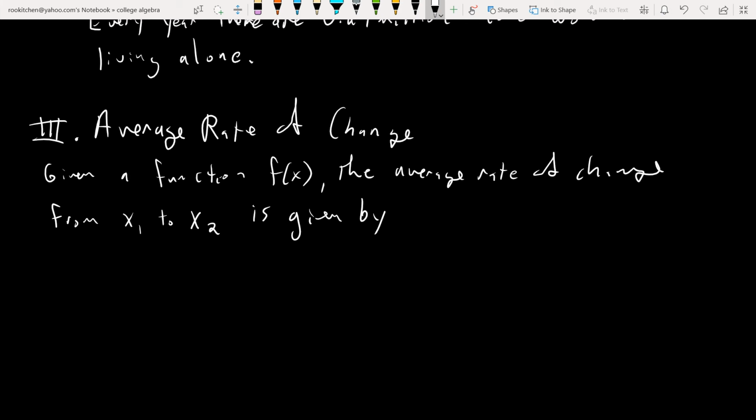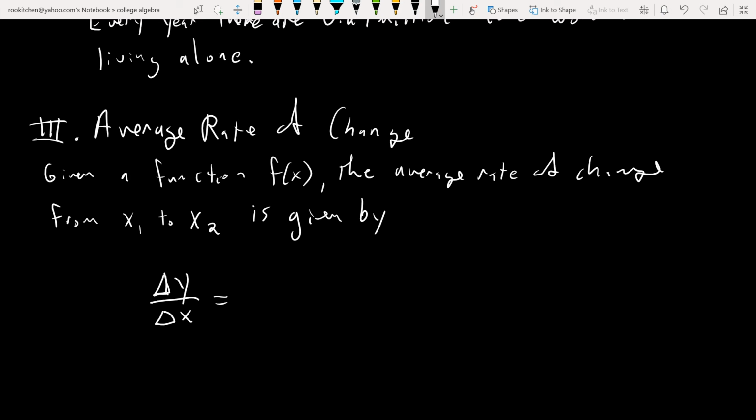It's basically just a slope formula, okay? So instead of putting m, we're going to put change in y all over change in x. That triangle there is a Greek letter, delta, and it just means change.